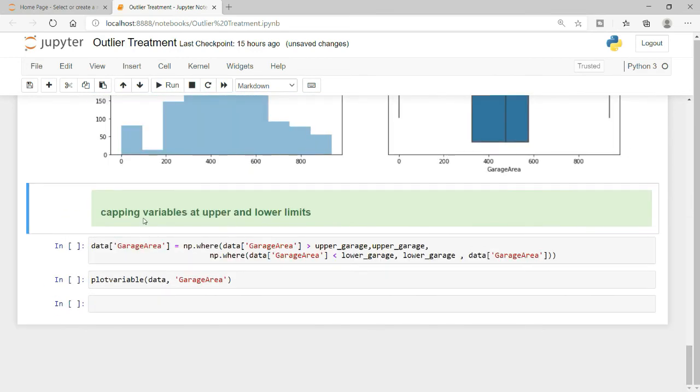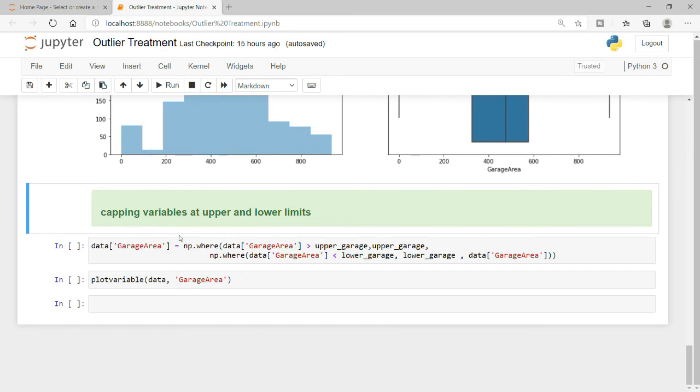Similarly, as I told you earlier, we have an alternate approach: rather than removing the outliers, we can cap them. Basically, we can cap the outliers with the upper and lower limits. For this, you might get an idea of what we can do. We can simply use the same numpy where clause.